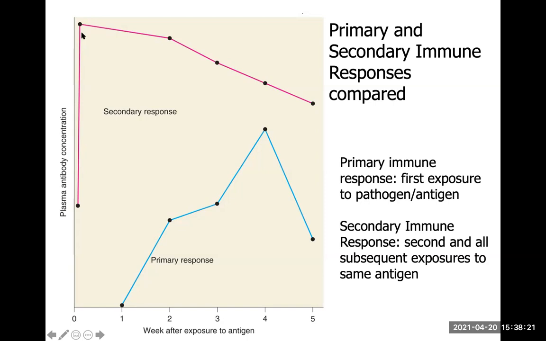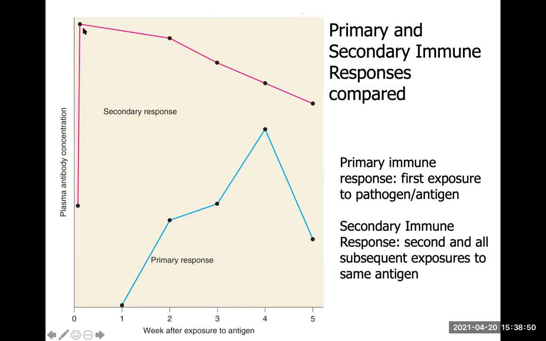Look how this is so far above anything that you did the first time. And even though the levels do start to drop off a little, it's still higher than the highest point of your primary.